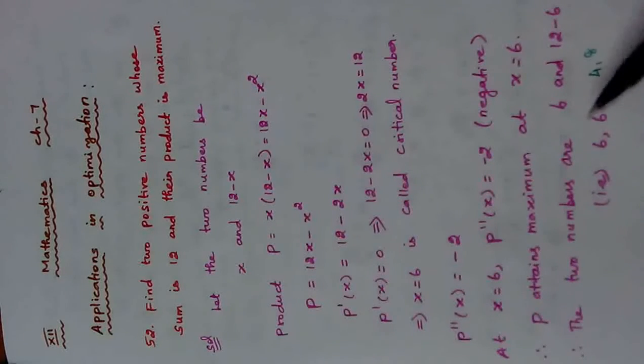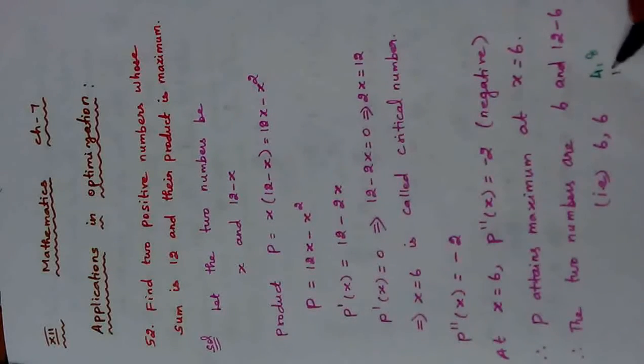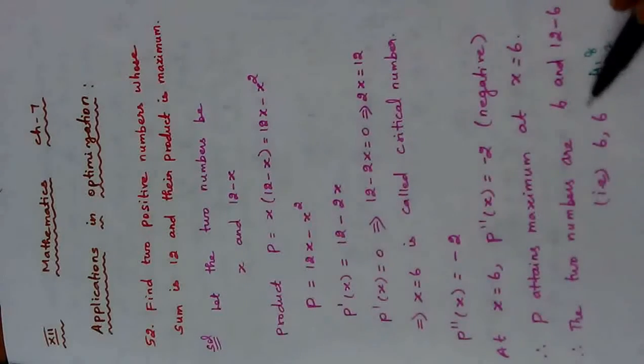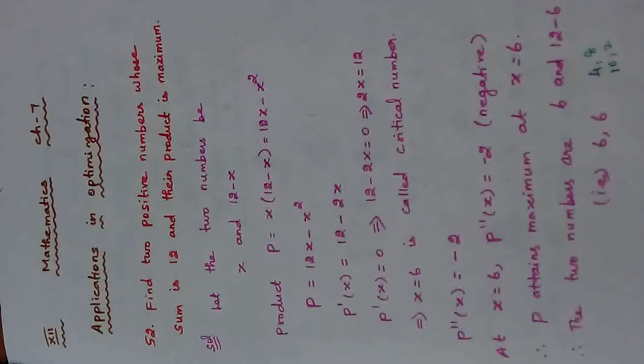This will be the maximum. This product is not maximum because this is the maximum value. Even I can say 10 and 2 are the two numbers whose sum is 12, but product is 20, which is not maximum. This is the maximum. So try to understand what we have found out. Okay, we will go for the next sum.